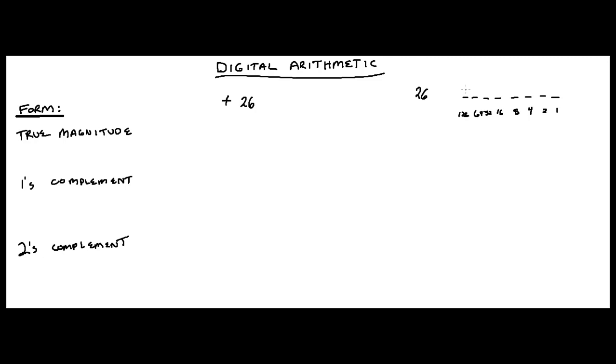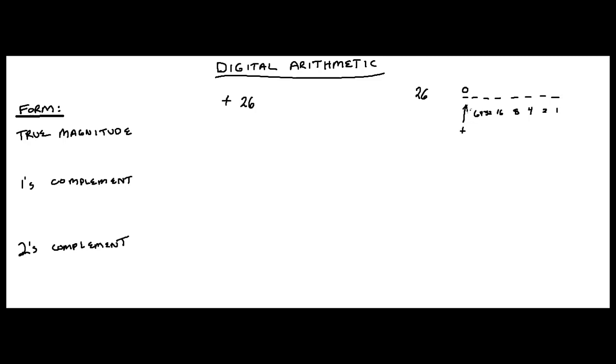So we know that since it's an 8-bit number and we have a signed number, this is simply your signed bit. So this will be a 0, right? Because the 0 will represent a positive value, right?